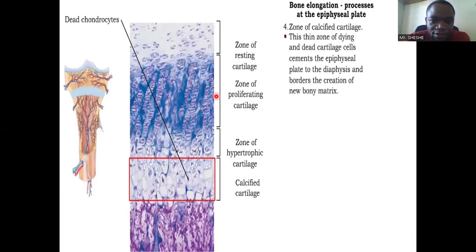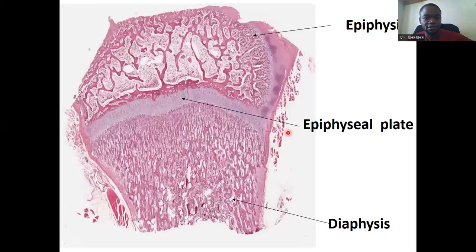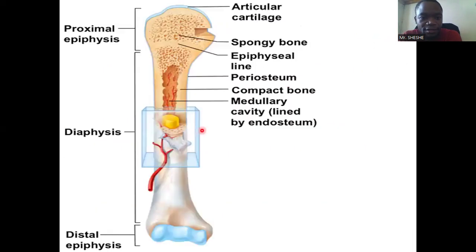Now, this zone is important because its function enables us to repair and grow the epiphyseal plate. So this epiphyseal plate will expand in its size because more cells will multiply, and these cells will need to occupy space. And that way, you find that the bone becomes longer.